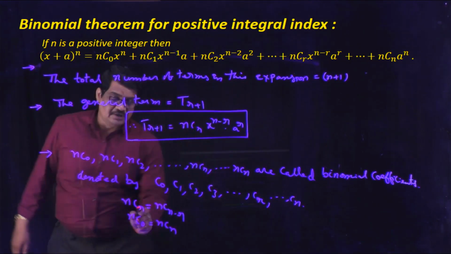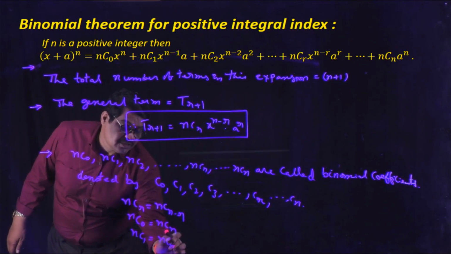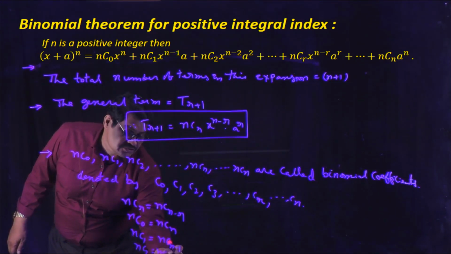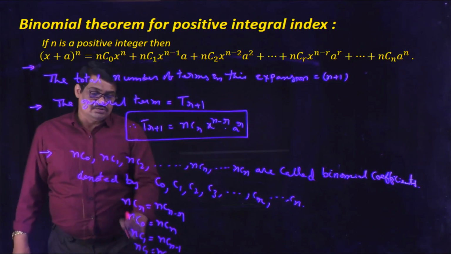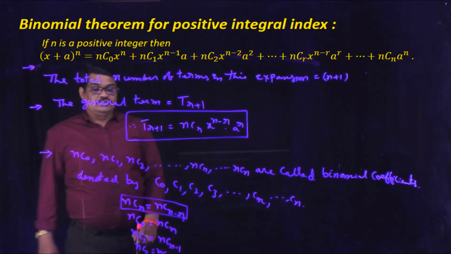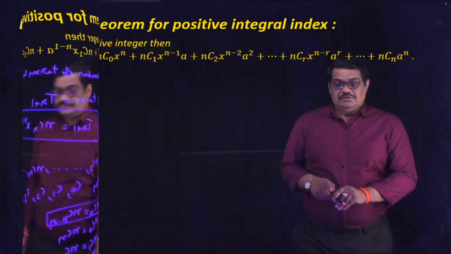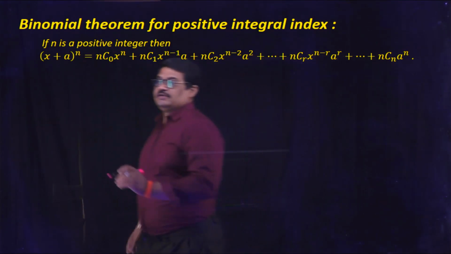Like this, nC1 is equal to nC(n-1), nC2 is equal to nC(n-2), and so on. This is a very useful formula, nCr is equal to nC(n-r). Okay, see the next point.